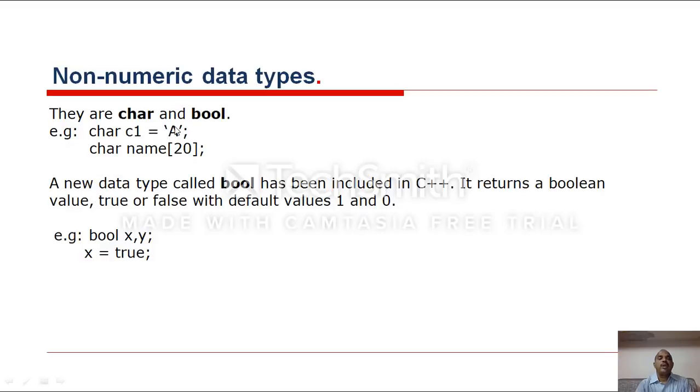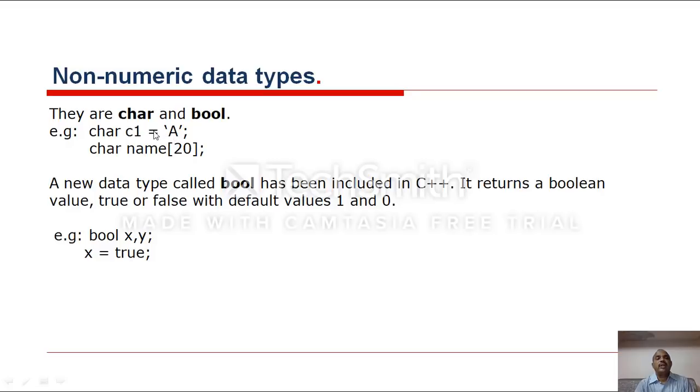Clear, all of you? The 'A' value is assigned into the c1 memory location. Here c1 occupies how many bytes of memory? 1 byte. Next, go to another example: char name[20]. In the first example, we assign a single character into c1.